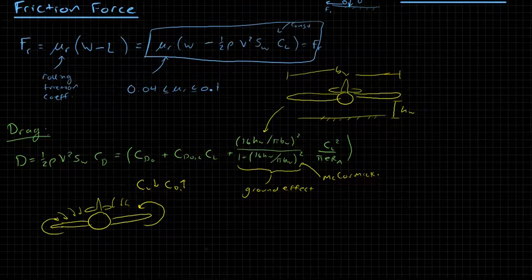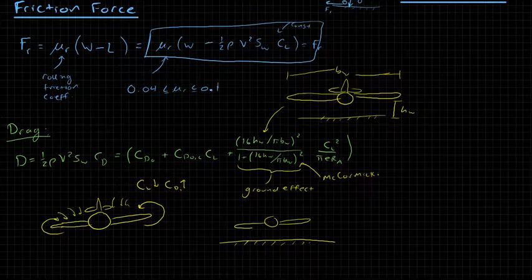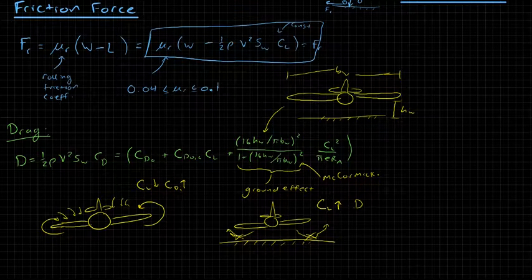Now, if we get really close to the ground, let me draw this airplane again, now close to the ground, similar to what we have above. Okay, so when we get close to the ground, the ground interferes with these wingtip vortices, and so what happens is we get less downwash, and in fact we end up getting more lift than we would have away from the ground, and less induced drag because we don't have as much of the downwash that's inducing the drag.